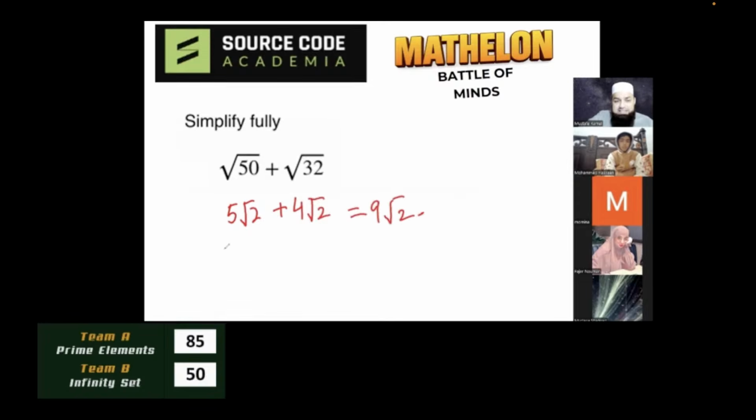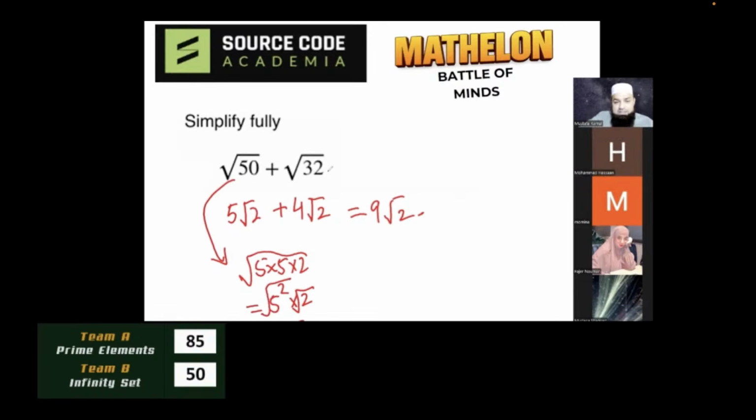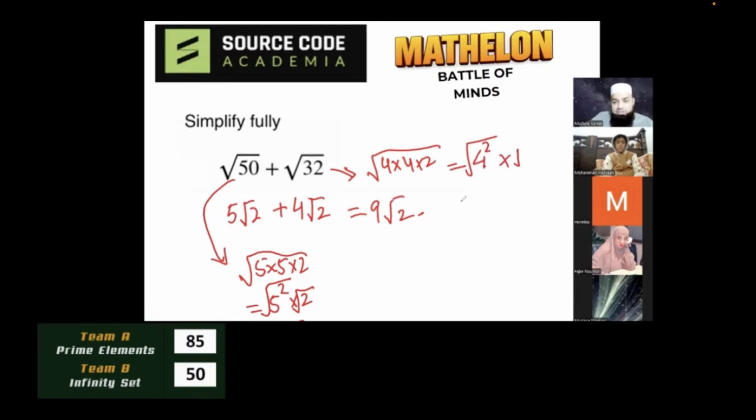The reason is that 50 can be written as 5 times 5 times 2, which gives us 5 squared times 2, and separately that is equal to 5 root 2. Similarly, we can write 32 as 4 times 4 times 2, that is 4 squared times root 2, which is equal to 4 root 2. So 5 root 2 plus 4 root 2 gives us 9 root 2. Well done.